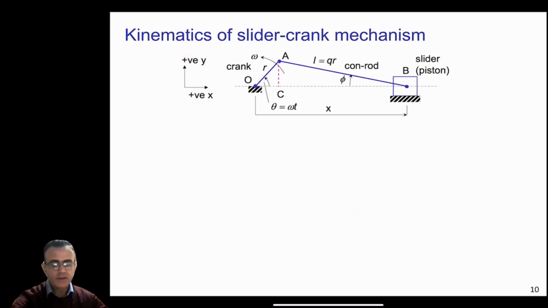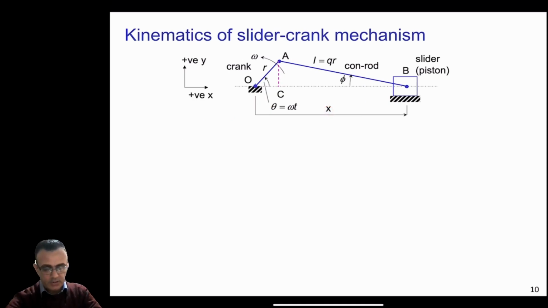Okay, so now if we consider this diagram here, which we already discussed, and we consider that this is our positive x, this is our positive y, and this is the crank, the connecting rod and the piston. In this case, we want to calculate the equation for x.